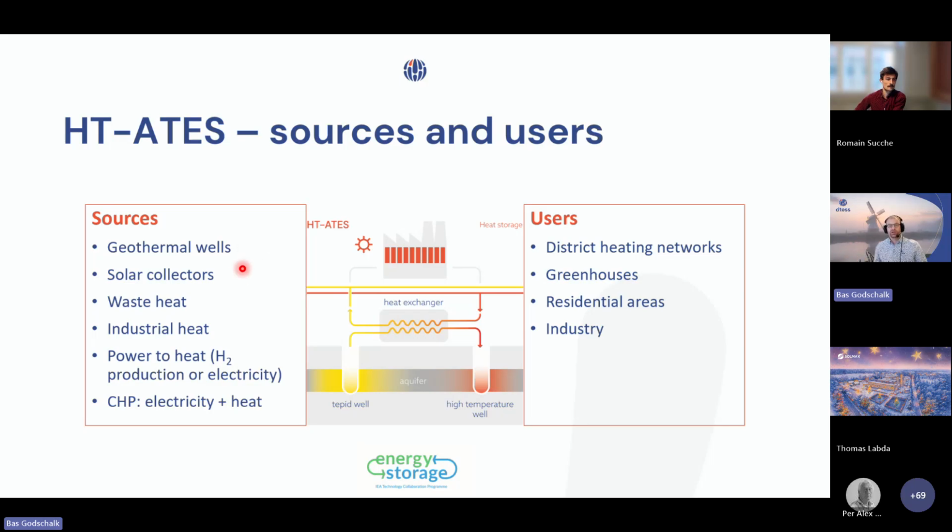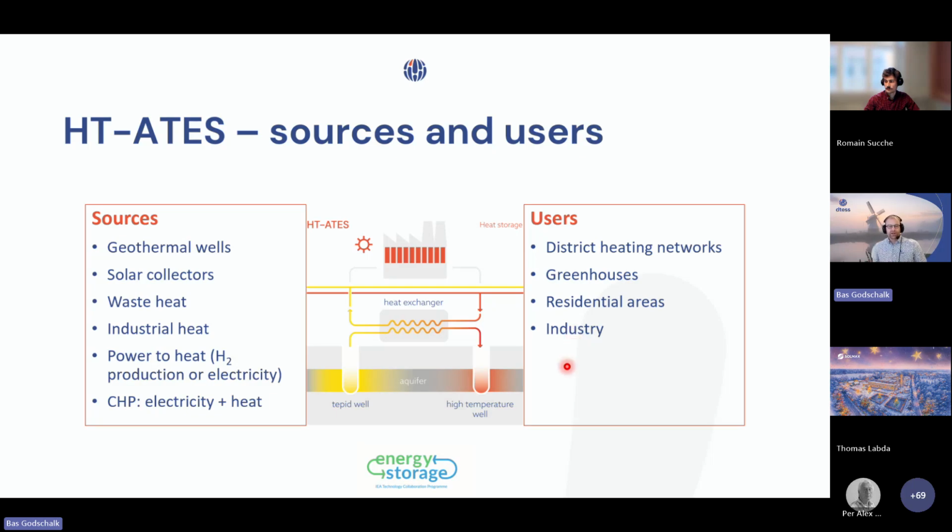It can be solar collectors, which especially produce heat in summertime, but also waste heat, industrial heat, sometimes power to heat, the conversion of electricity to heat, but also the production of electricity by CHP, combined heat and power, which also has a rest stream of heat. It can all be stored in the high temperature ATES system and then be reused by end users which are connected to a district heating system or greenhouse or whatever you want.